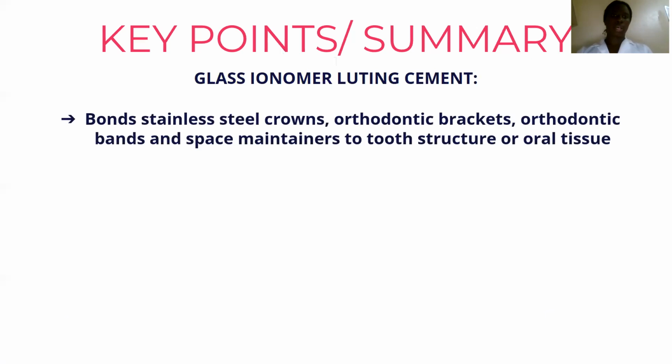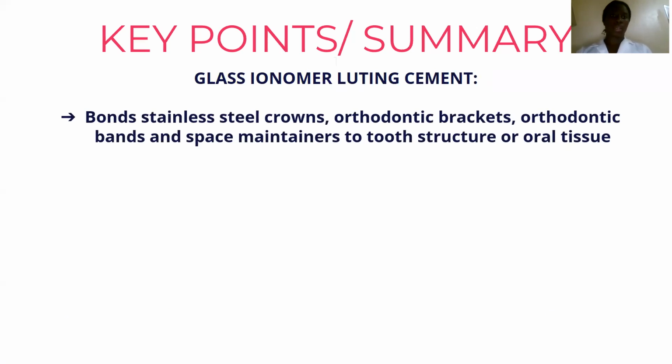Now, as it relates to glass ionomer luting cements, these bond stainless steel crowns, orthodontic brackets, orthodontic bands, and space maintainers to tooth structure or oral tissue. And there's now a resin component that is included in the glass ionomer luting cements.